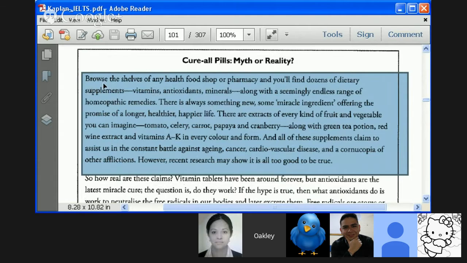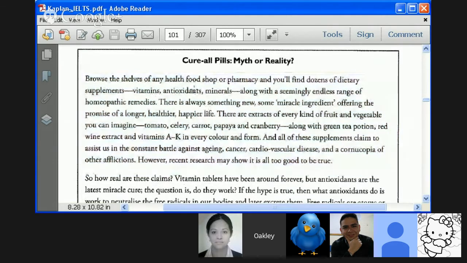Browse the shelves of any health food shop or pharmacy, and you'll find dozens of dietary supplements, vitamins, antioxidants, minerals, along with a seemingly endless range of homeopathic remedies. There is always something new, some miracle ingredient, offering the promise of a longer, healthier, happier life.